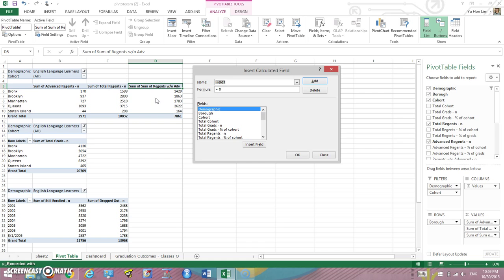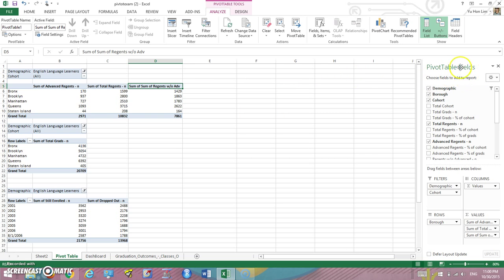The data doesn't give me this data, so I created it myself, and I found this feature particularly useful because I could create my own function, since sometimes the pivot table fields don't have the data you want.